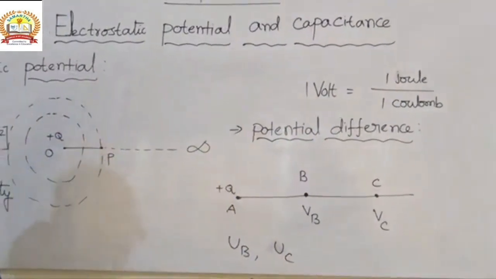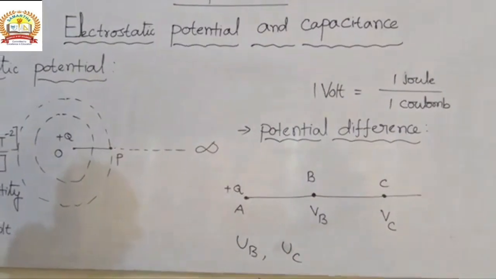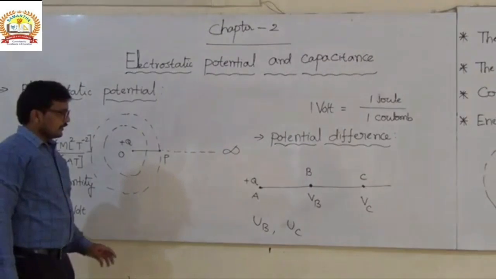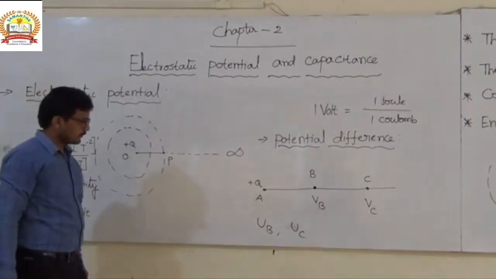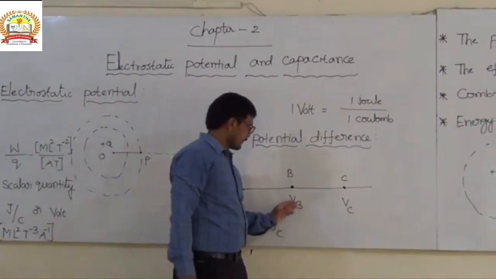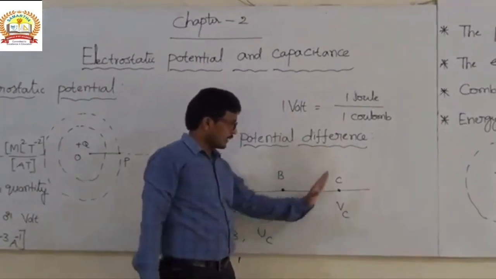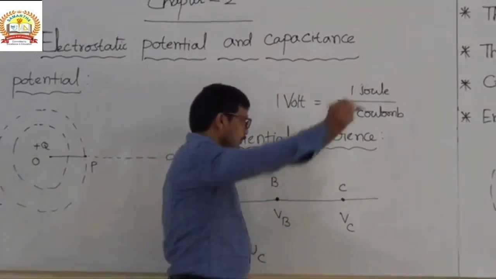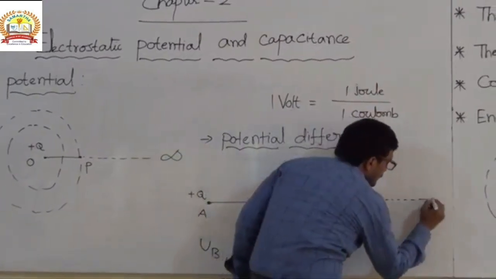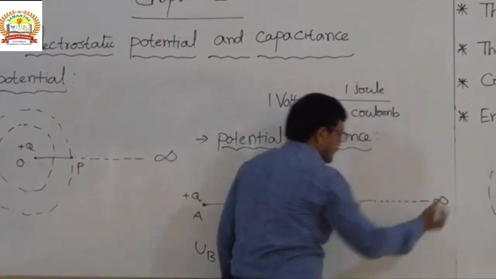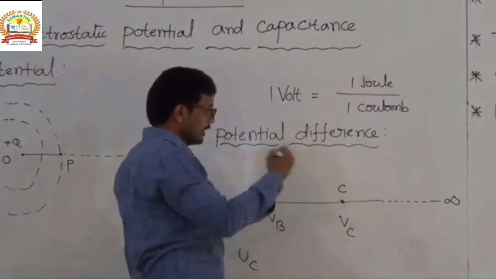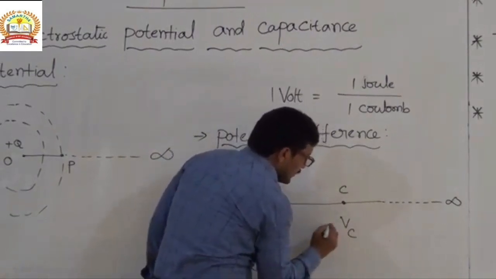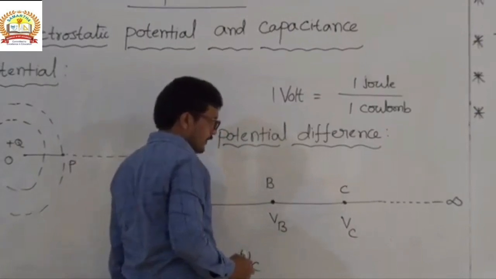So, to know the potential difference, we know it is the amount of work required to bring the charge from one point to another point. Suppose we want to bring the charge from infinity to the given point C, and the corresponding potential is VC.